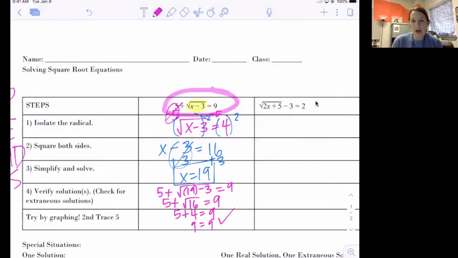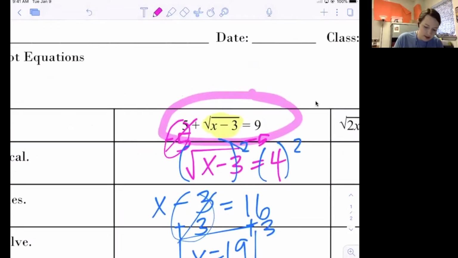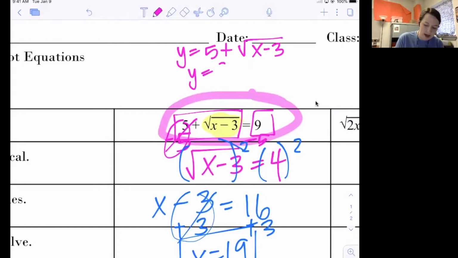Okay, you can try it by graphing it on your calculator. So if you have a TI-84, you would enter the left side and the right side into your y equals. So you would say y equals 5 plus square root of x minus 3. And then in your second y equals, you would enter the right side. You would say y equals 9.